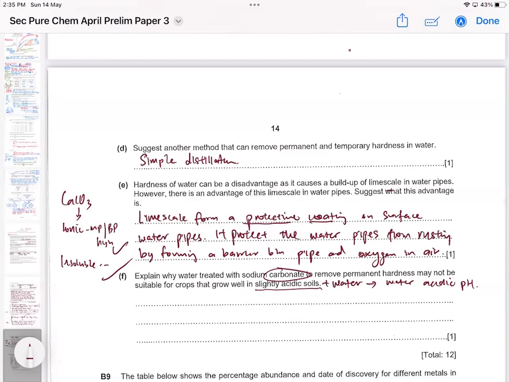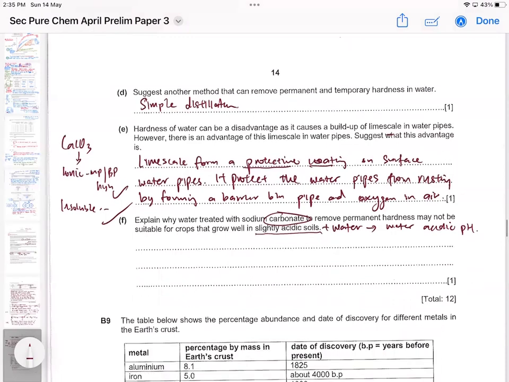Okay, so what I will say here is, if our purpose is to throw in the sodium carbonate to remove the calcium, to remove the magnesium, but we add this into acidic soil.